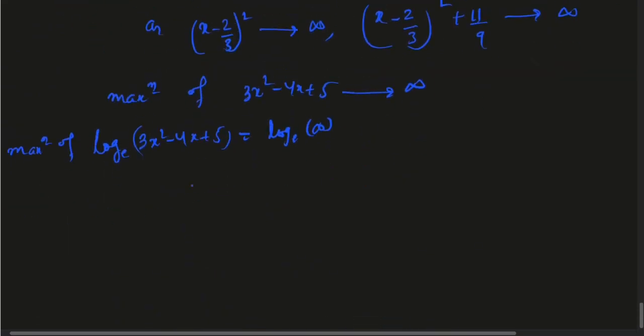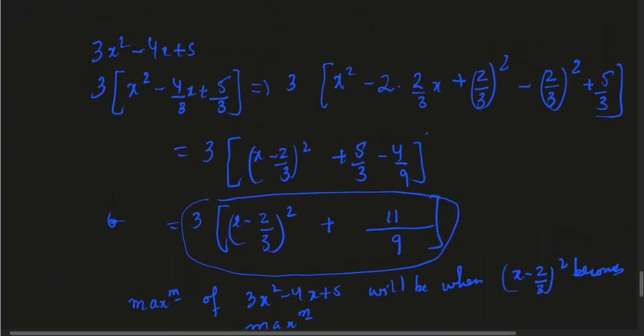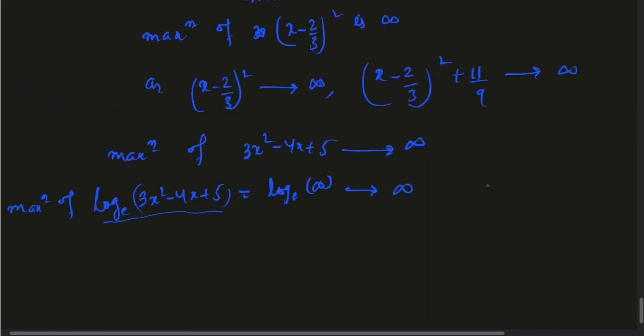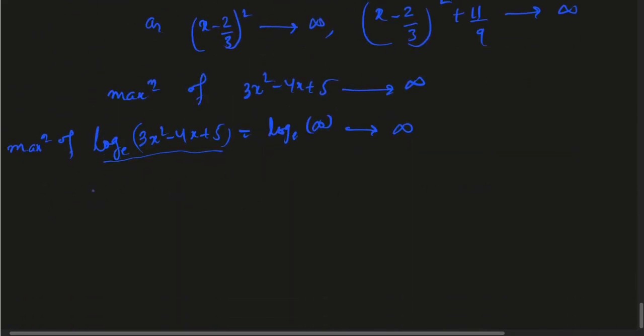So similarly, this term log base e 3x square minus 4x plus 5 becomes maximum when 3x square minus 4x plus 5 becomes maximum, and the maximum value of 3x square minus 4x plus 5 is infinity. So the maximum value of this term is log base e infinity. This gives you a value nothing but infinity, because if you see from this curve, as the value of x is increasing, log is also increasing, and it will tend to infinity when x becomes infinity. So this is the maximum value of your function.